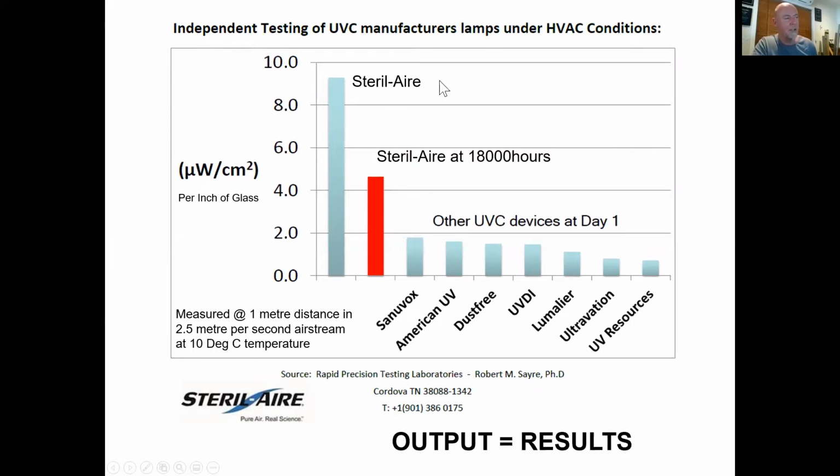He measured the output at 1 meter, and he found Steril Aire's output on day one was over 9 microwatts per square inch, whereas the nearest competition was less than 2 microwatts in those conditions. It also showed that Steril Aire, after 18,000 hours of operation, 2 years, had an output still more than double the competition when their lamps were new.